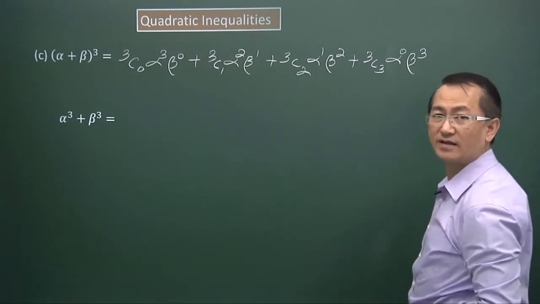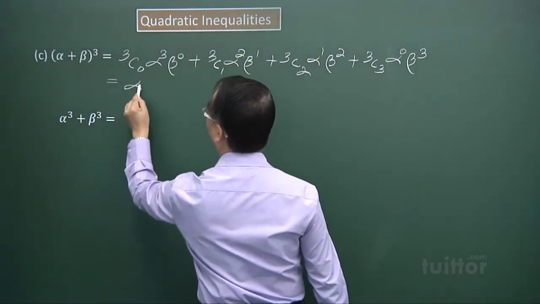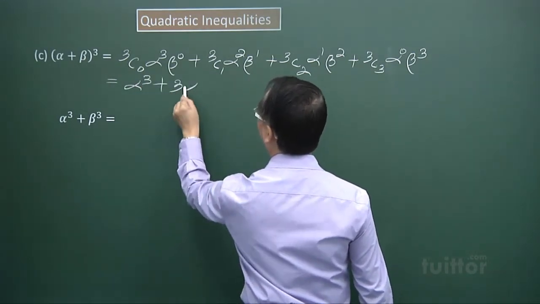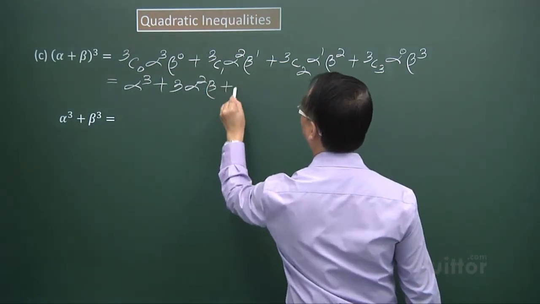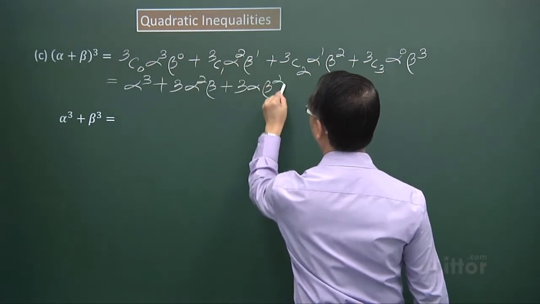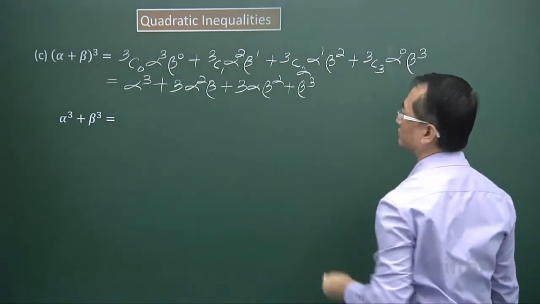To simplify that, I will have alpha cubed plus 3 alpha squared times beta plus 3 times alpha beta squared plus beta cubed.